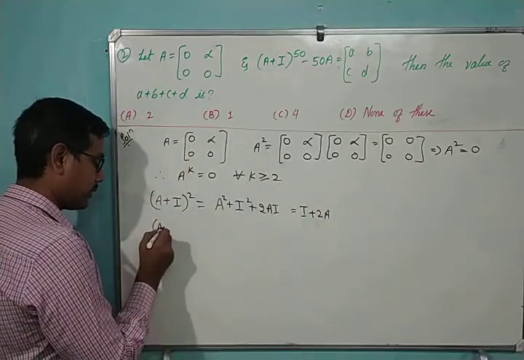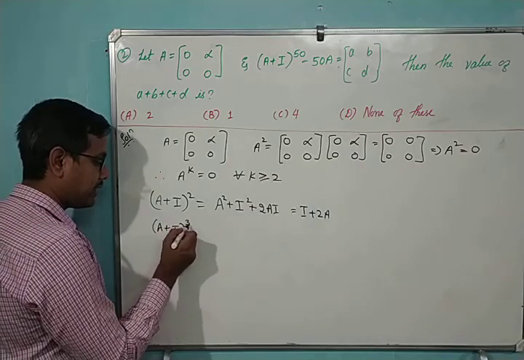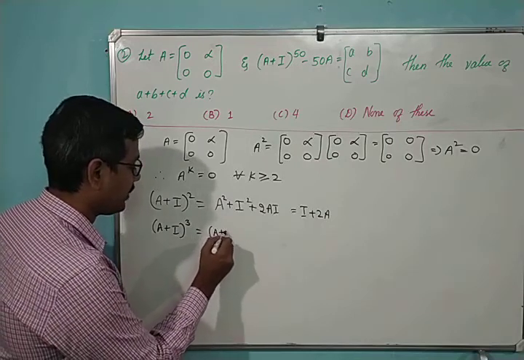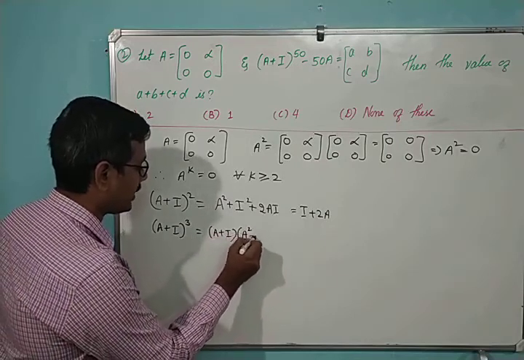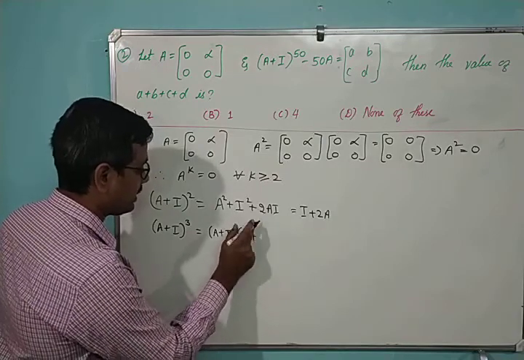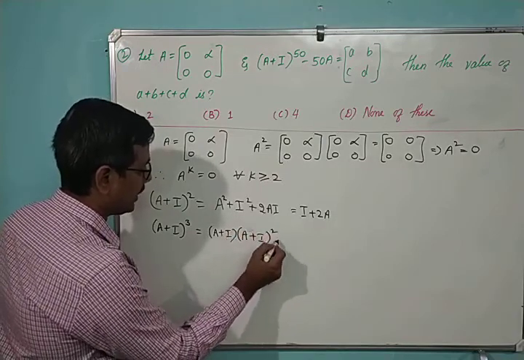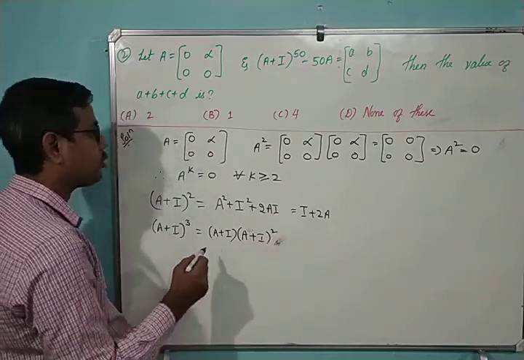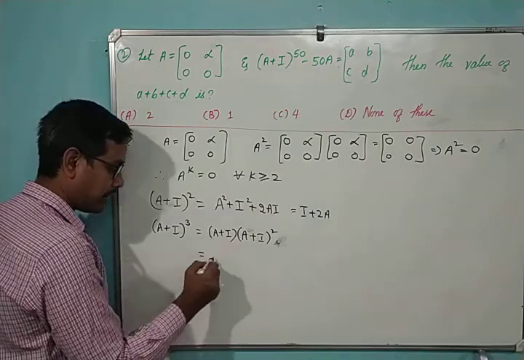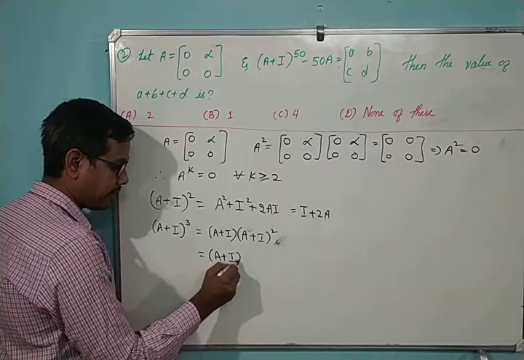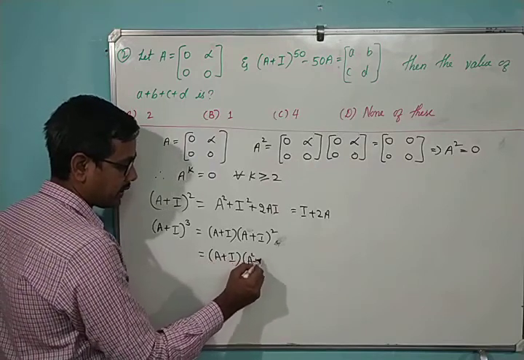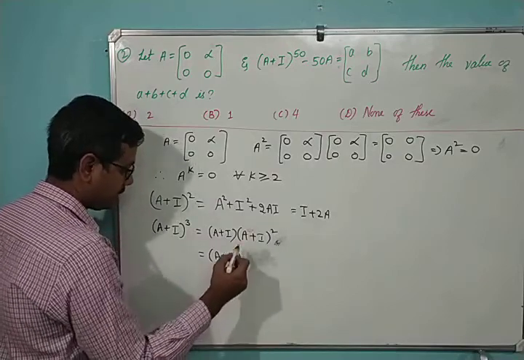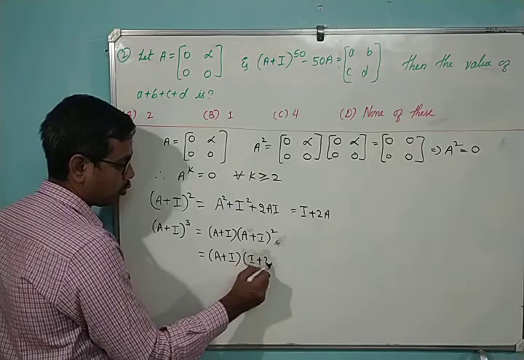Similarly, (A + I) to the power 3 is nothing but (A + I) into (A + I) the whole square. Keep A + I as it is, and we know (A + I) the whole square is I plus 2A.